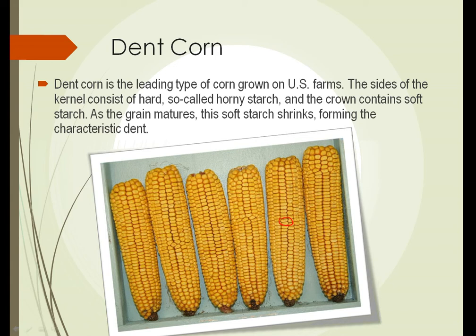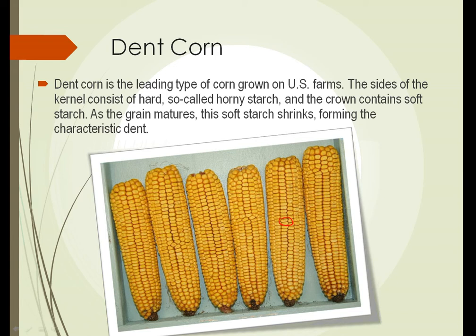As the seed matures, the starch on the sides of the kernel becomes hardened. The top of the kernel has somewhat softer starch. That part of the seed coat, fruit wall fused together, is a little softer than on the side.